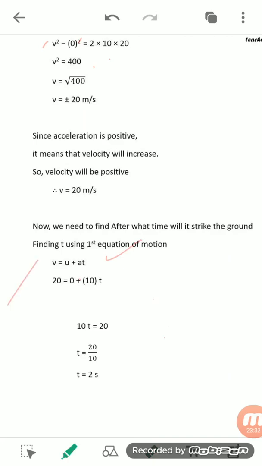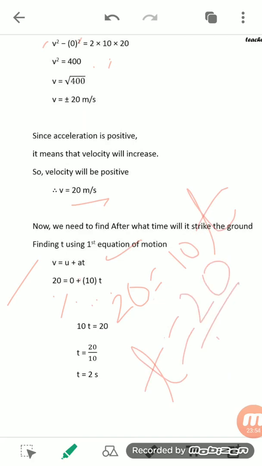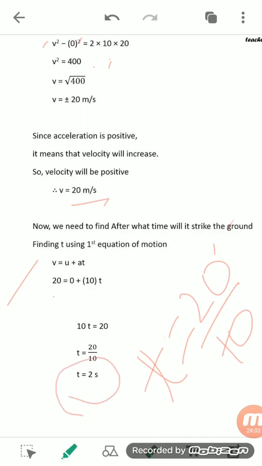v is equal to 20 meter per second, the initial velocity is 0, plus acceleration is 10 here, and time we have to find. So 20 is equal to 0 plus 10 into t. So we can write 20 is equal to 10t, or t is equal to 20 upon 10, so t is equal to 2 seconds.